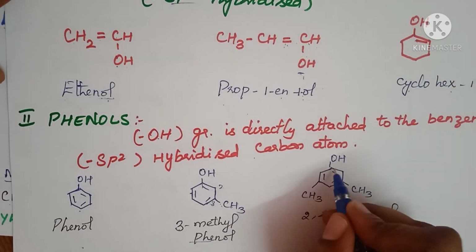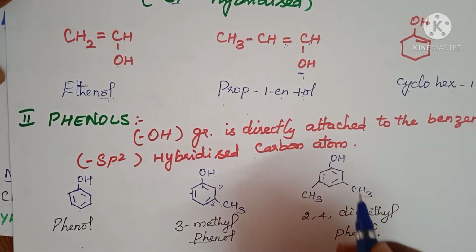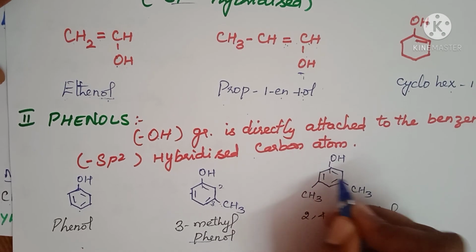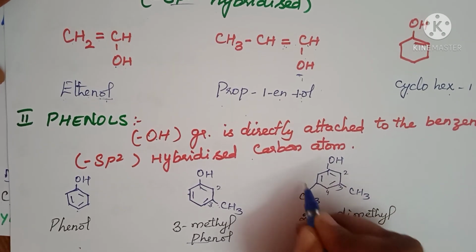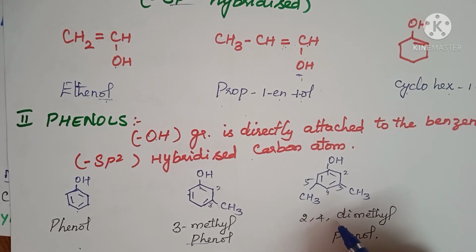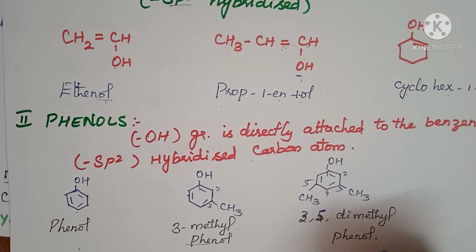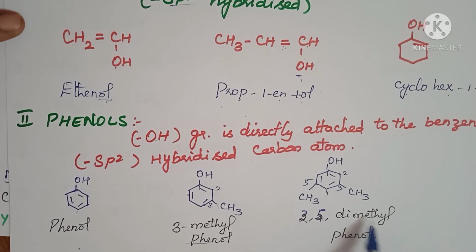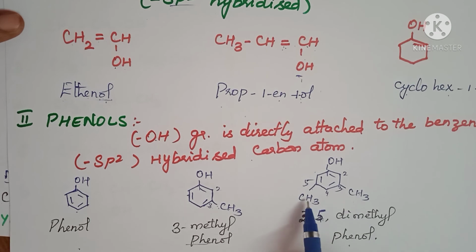The same way here, wherever the functional group is, that is number 1. So here 1, 2, 3, 4, 5. So what is its name? 3,5-dimethyl phenol. Okay, this is the way we have to name that.